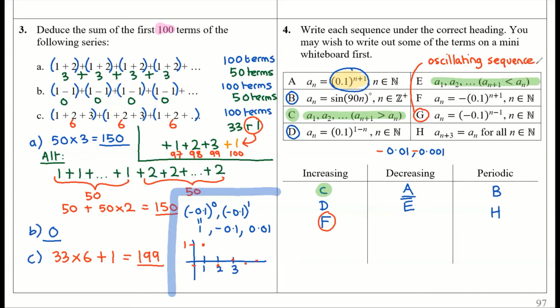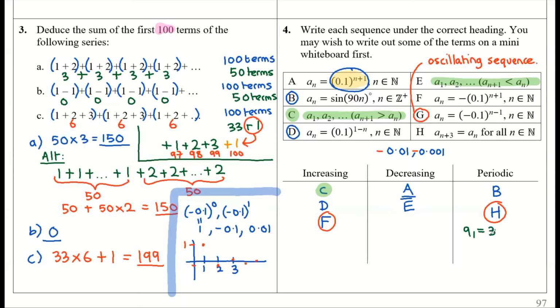Okay, now H. Now this is a very interesting one. H, this is periodic, similar to the sine sequence. Now, let me just explain what this means. Suppose, for example, my A1 in my sequence is equal to 3, okay?